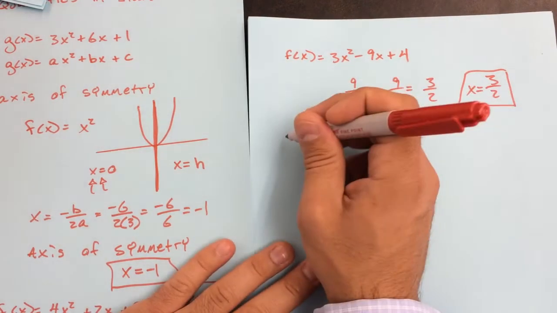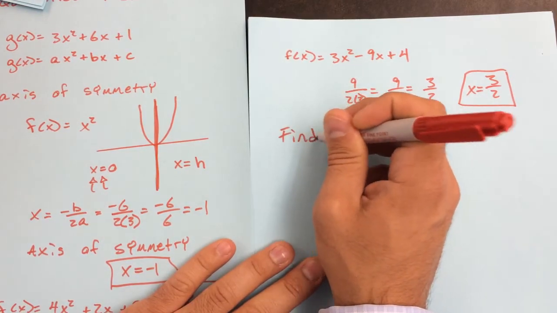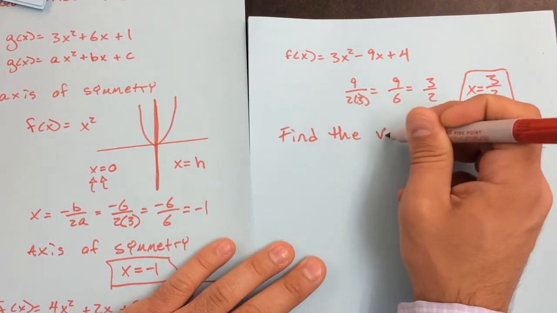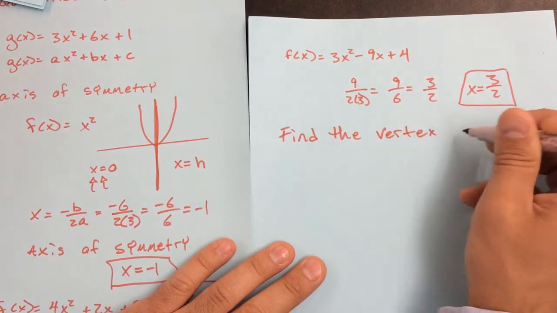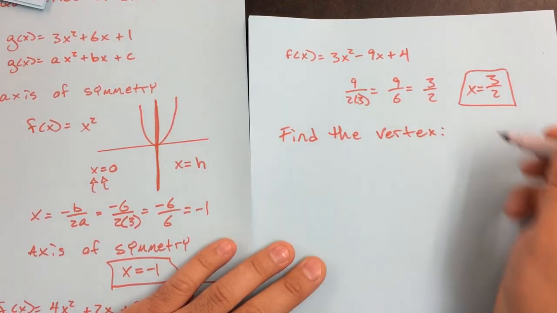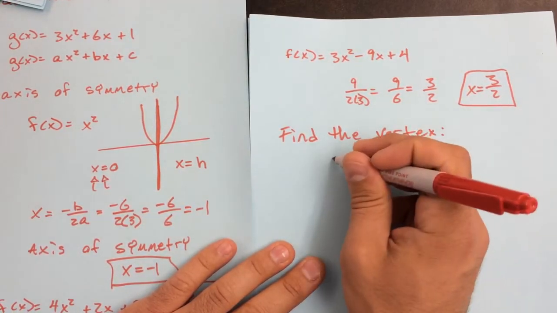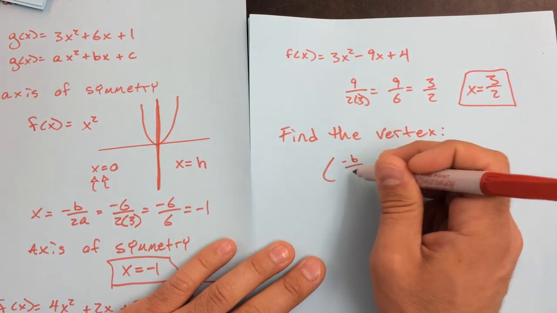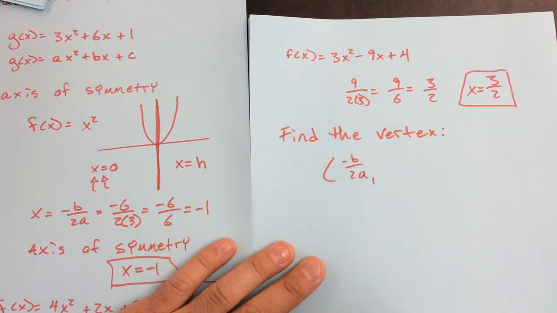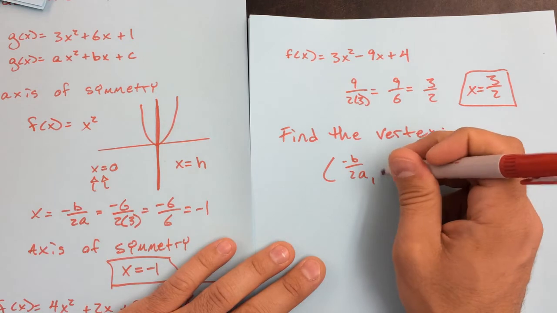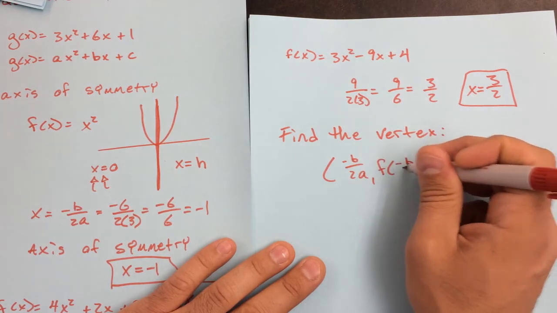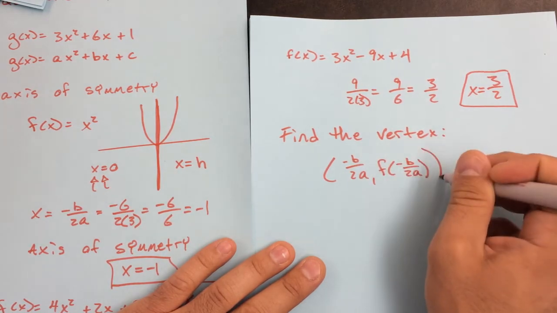Now how to find the vertex? Well, we already found part of it. So what we want to do is find negative b over 2a. That's the input. And then we want to plug it into the function rule and see what it gives us.